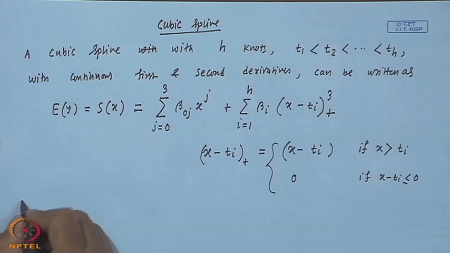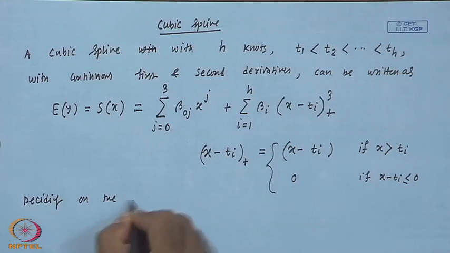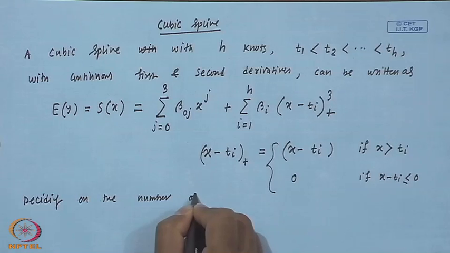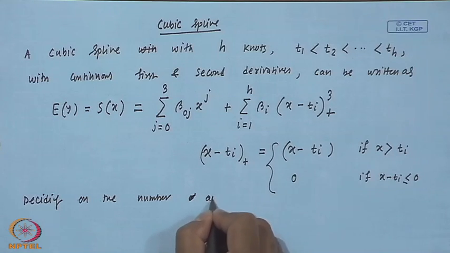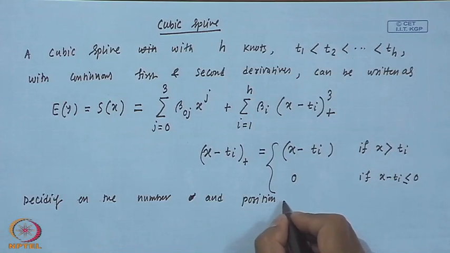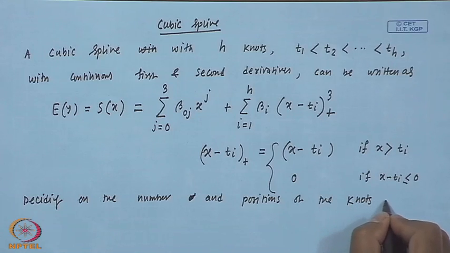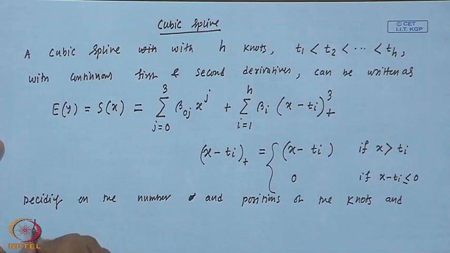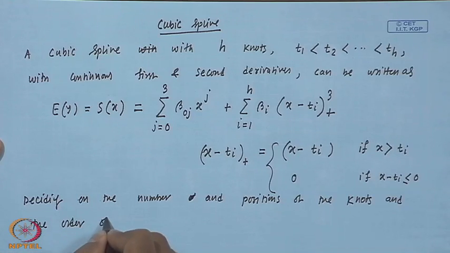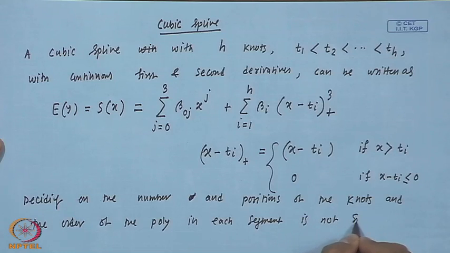So, deciding on the number and positions of the knots and the order of the polynomial in each segment is not a simple job.